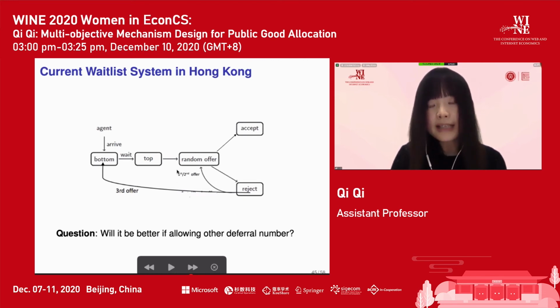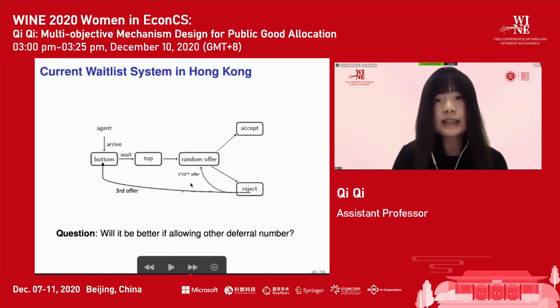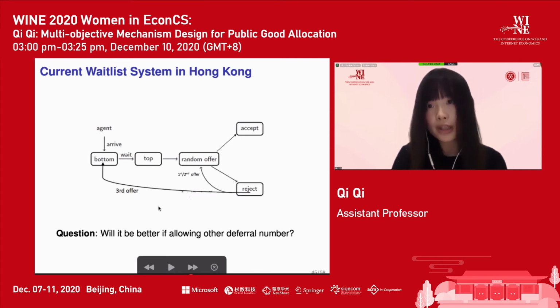Currently in Hong Kong, everyone has 3 choices, which we call the deferred number being 2, because she can reject twice. At the third time, if she still rejects the offer, she has to leave the queue. So this is the current mechanism. Our focus is on this deferred number. What will be the optimal deferred number? Is 2 the optimal one, or shall we decrease or increase this number?